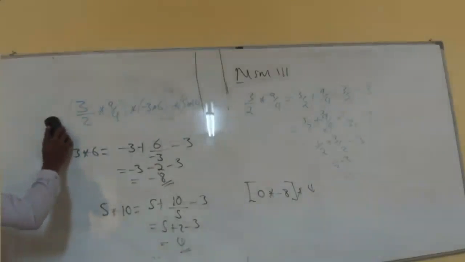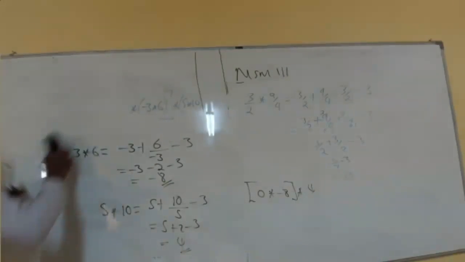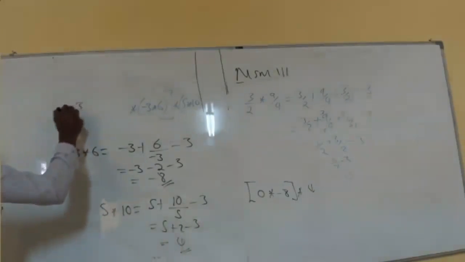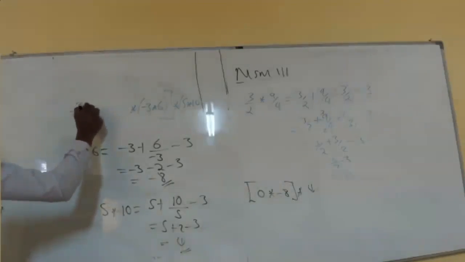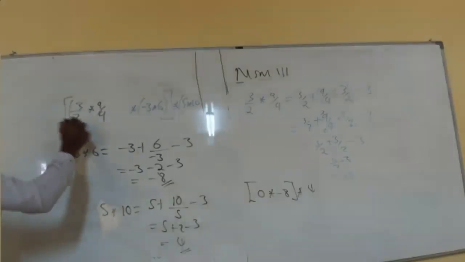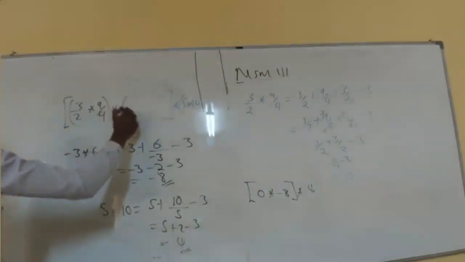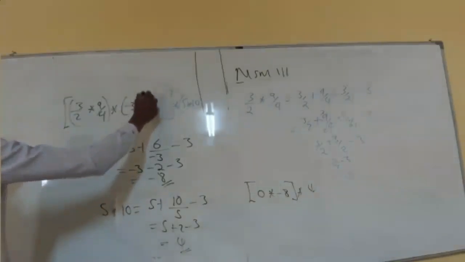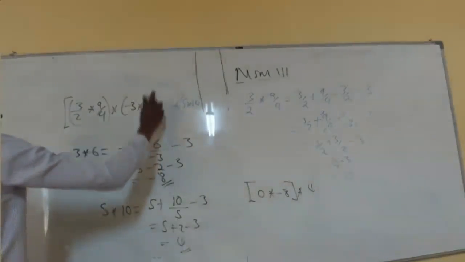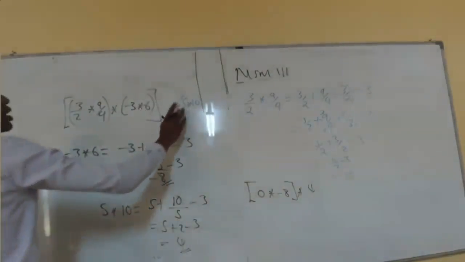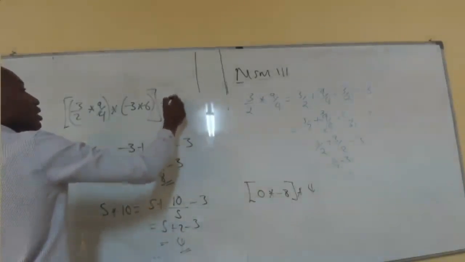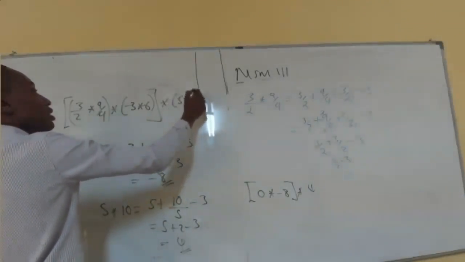So let me write this so that it's reasonable. I'm saying 3 over 2 star 9 over 4, then star negative 3 star 6, close, then star 5 star 10.